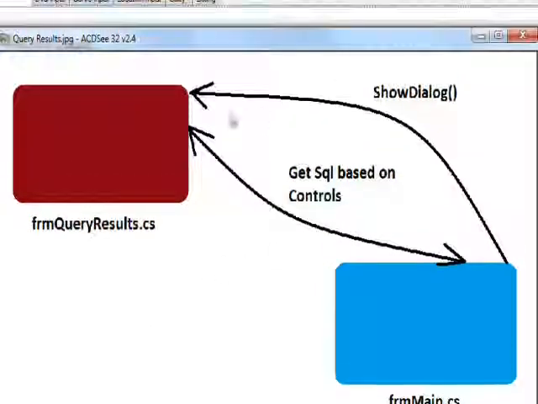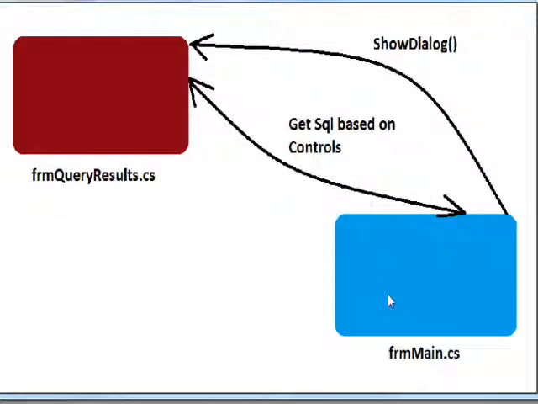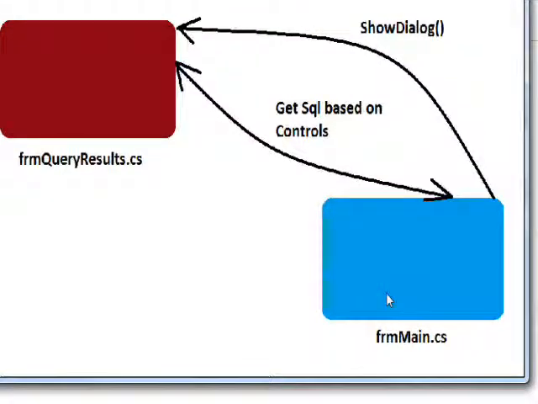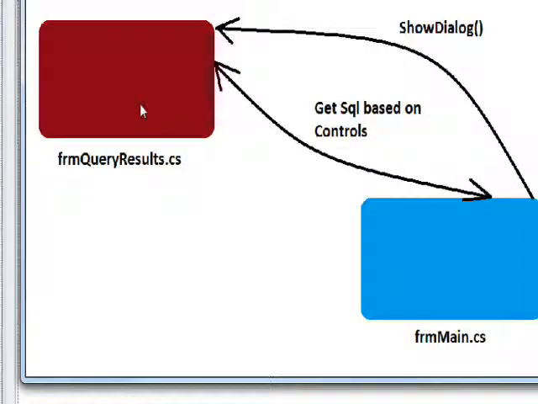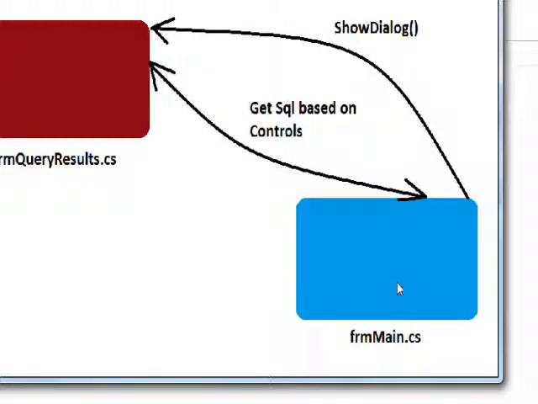When this was spawned, it automatically calls the form load event, and the form load event calls a function within the FRM main that gets SQL and returns it to the query results form before it actually displays the window, so that when the window comes up, it's already populated via the SQL that gets passed back from the main form.